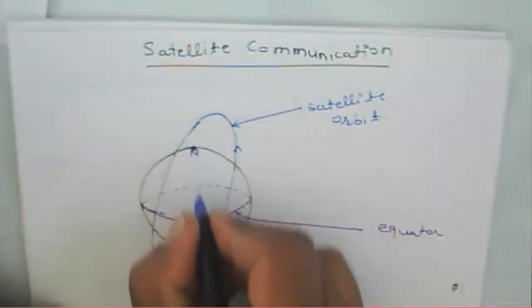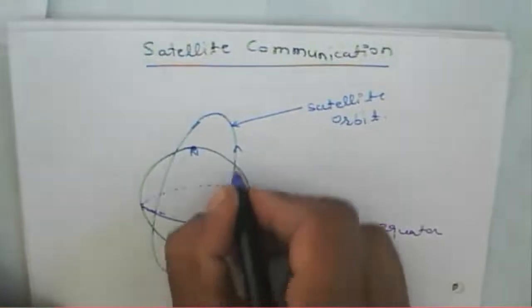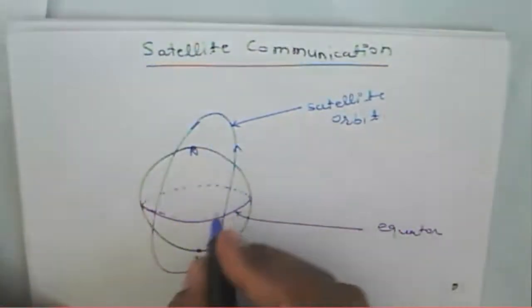Here we say this is the north point and this one is the south. Now the satellite is rotating in that orbit from south to north.